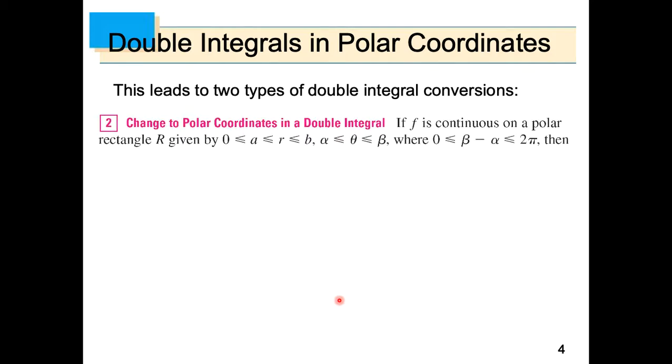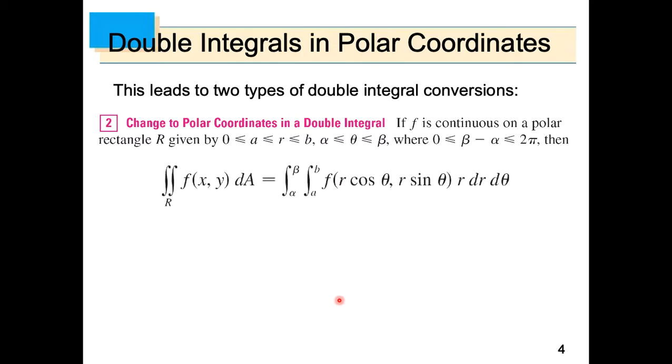In order to change to polar coordinates in a double integral, basically it's like a fancy version of substitution: you replace any x you see with the formula for x, which is r cosine theta, and any y with the formula for y, which is r sine theta. But you'll notice that dA over here was replaced not by just dr d theta, but by r dr d theta. I'll explain more specifically what that means in the next slide.